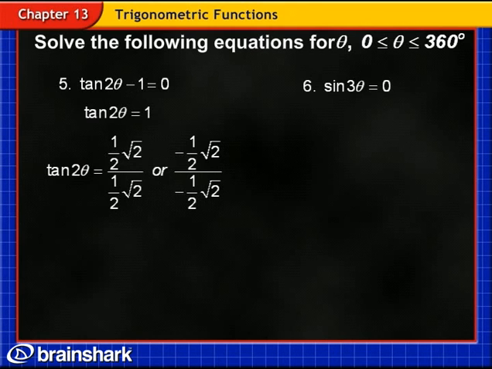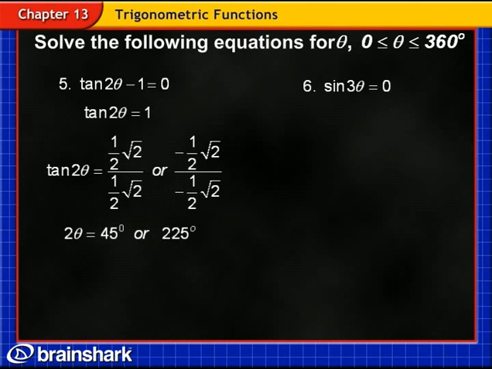So in order to get the tangent of 2 theta equal to 1, I've got to have 1/2 square root of 2 over 1/2 square root of 2, or negative 1/2 square root of 2 over negative 1/2 square root of 2. So I'm going to look for where sine and cosine are both 1/2 square root of 2, and where sine and cosine are both negative 1/2 square root of 2. And that happens in the first and the third quadrant and gives me angles at 45 and 225.